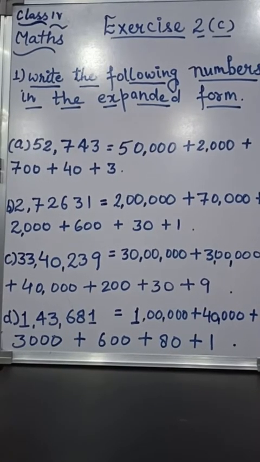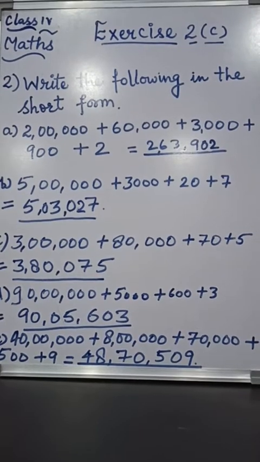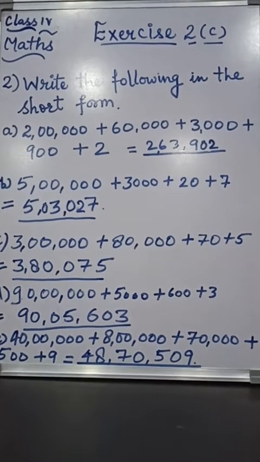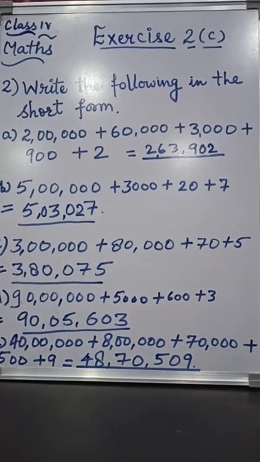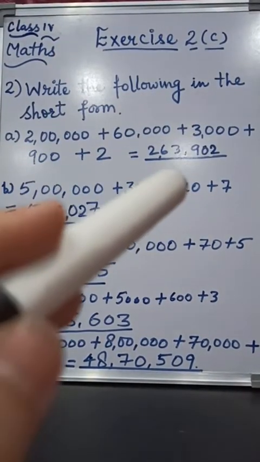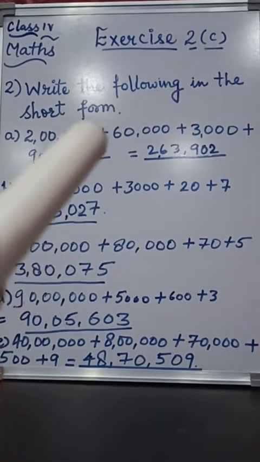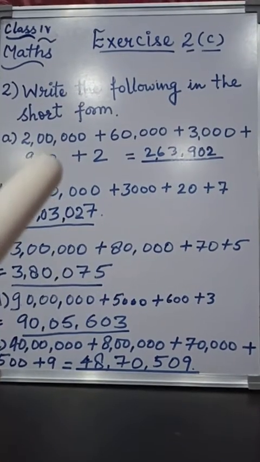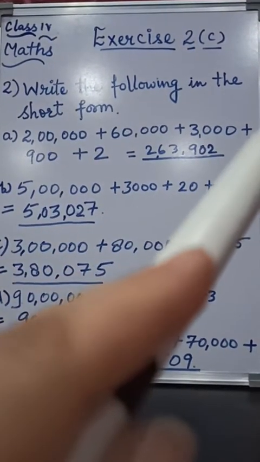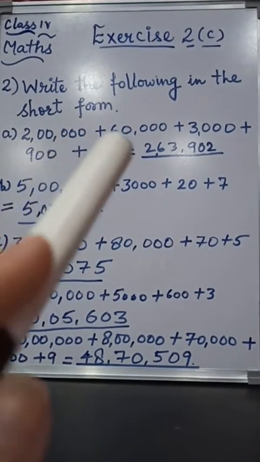Now let's see question 2. Your question 2 is: write the following in the short form. Open page number 14, question number 2. Expanded forms are given and you have to write them in short form.